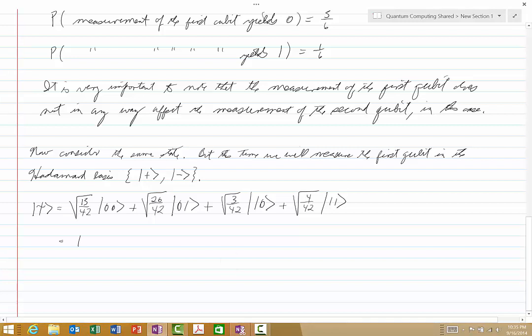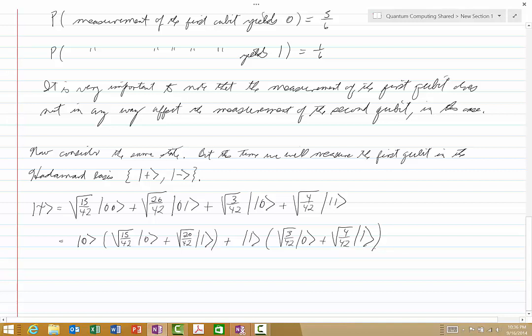So we will get |0⟩ times square root of 15 over 42 |0⟩ plus square root of 20 over 42 |1⟩, and here |1⟩ times square root of 3 over 42 |0⟩ plus square root of 4 over 42 |1⟩.